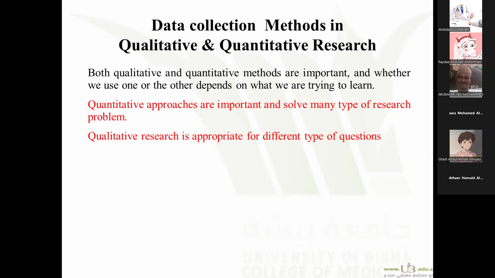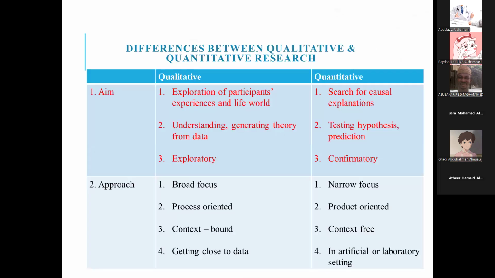Quantitative approaches are important in solving many types of research problems. But qualitative research is much more appropriate in addressing the type of questions you raise in your research. For that reason, I try to highlight some few differences between qualitative and quantitative research, but with more emphasis on data collection methods.